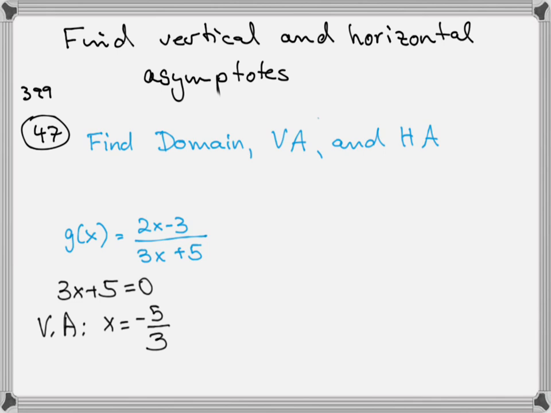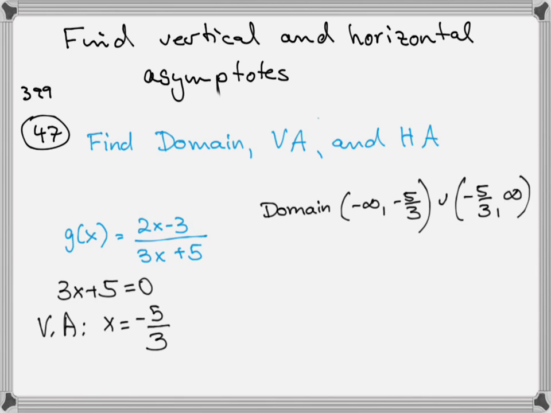What is the domain? Negative infinity to negative 5/3, and negative 5/3 to infinity. Yep. See how good we're getting at this? Good thing we learned it in the last chapter. The VA is the same thing as the restricted value.